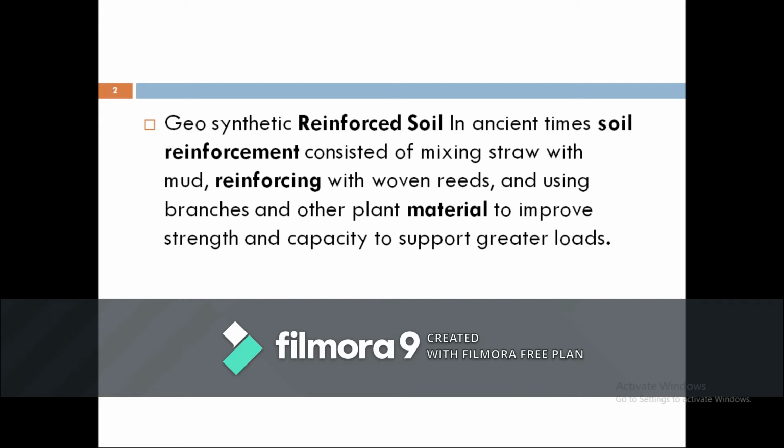Straw can be depending upon the plant growth in the nearby areas. You can use wheat straw, or paddy straw, or, depending upon the region, jowar or maize. All these elements are mixed with mud. After mixing it with mud, we have woven this with reeds.